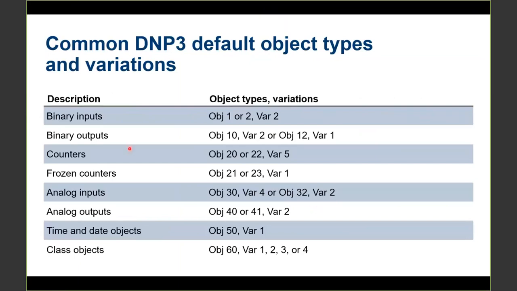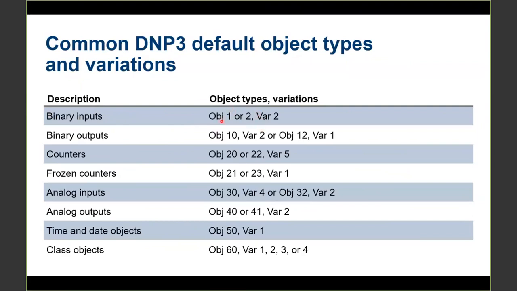Here is a table showing some examples. Let's focus on some types of information. For binary inputs, the DNP standard reserves object 1 and object 2.